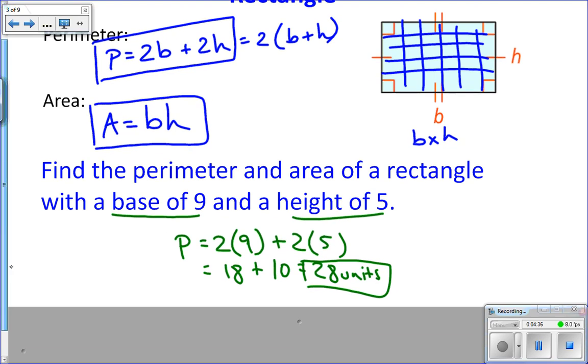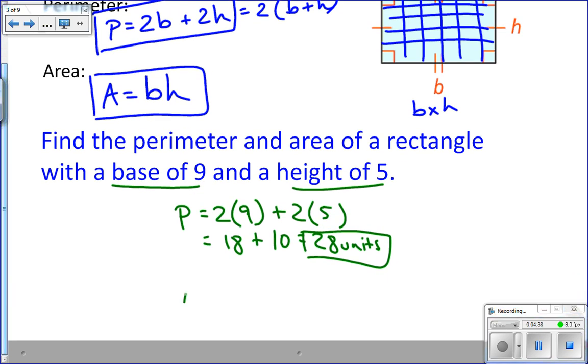The area, let me scroll down a little bit. The area is going to be base times height, or the base is 9, and the height is 5, or 45 units squared.